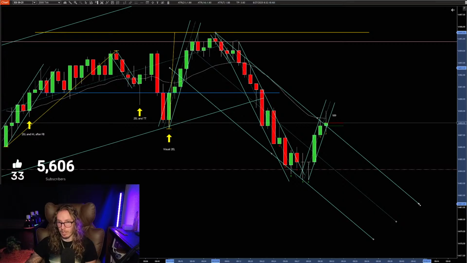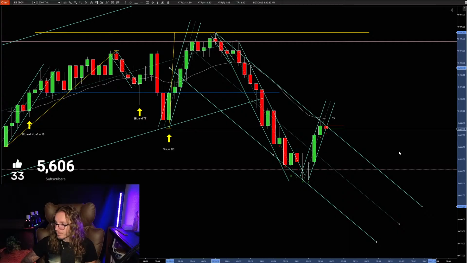I gotta wait for this candle to close. I'm getting overzealous here. All right. We'll draw it like that. It might be slightly wider, but we'll draw it like that just in case to see if this comes into play.